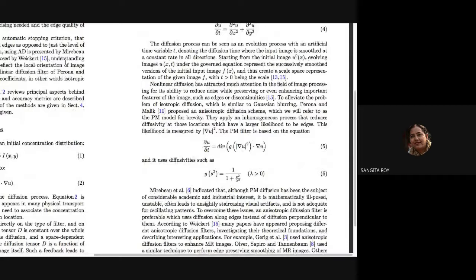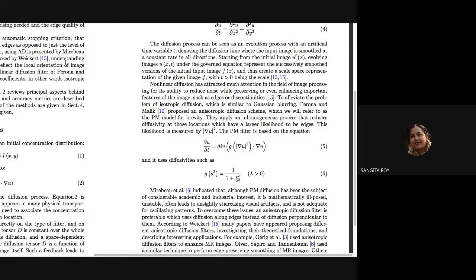Nonlinear diffusion has attracted much attention in the field of image processing for its ability to reduce noise while preserving or even enhancing important features of the image, such as edges and discontinuities.